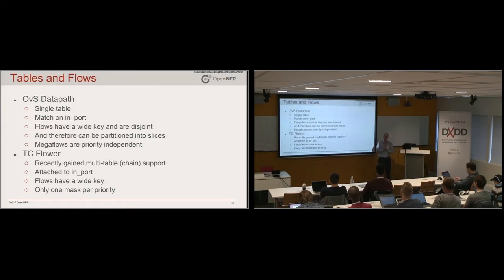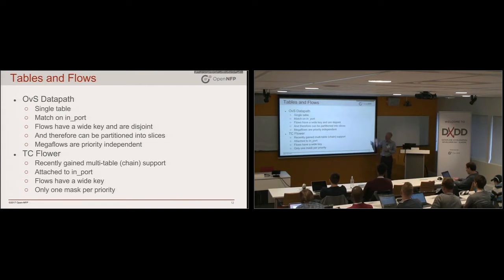There's always exactly one match. And this leads to it being able to be partitioned, as I already mentioned, based on the in port, but there are also other fields that can be used to create separate areas of the table space. And the megaflows are priority independent.